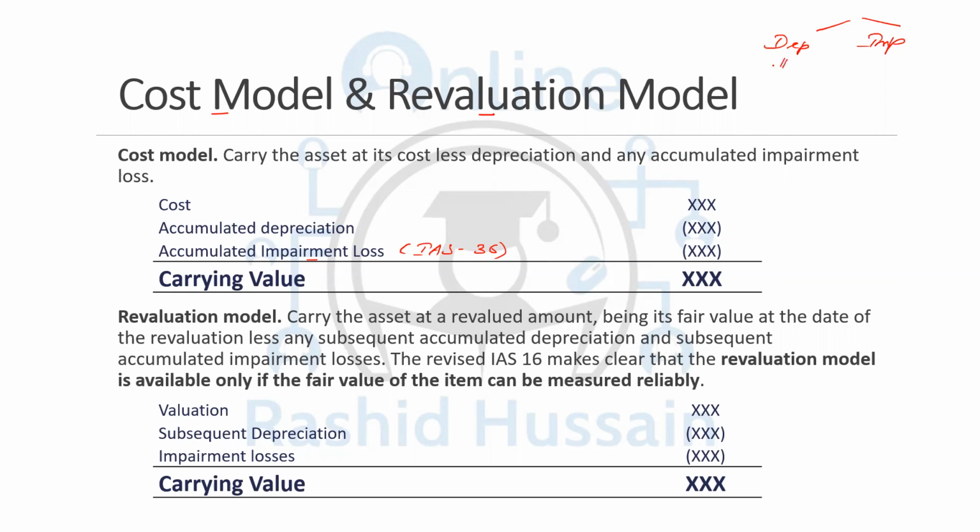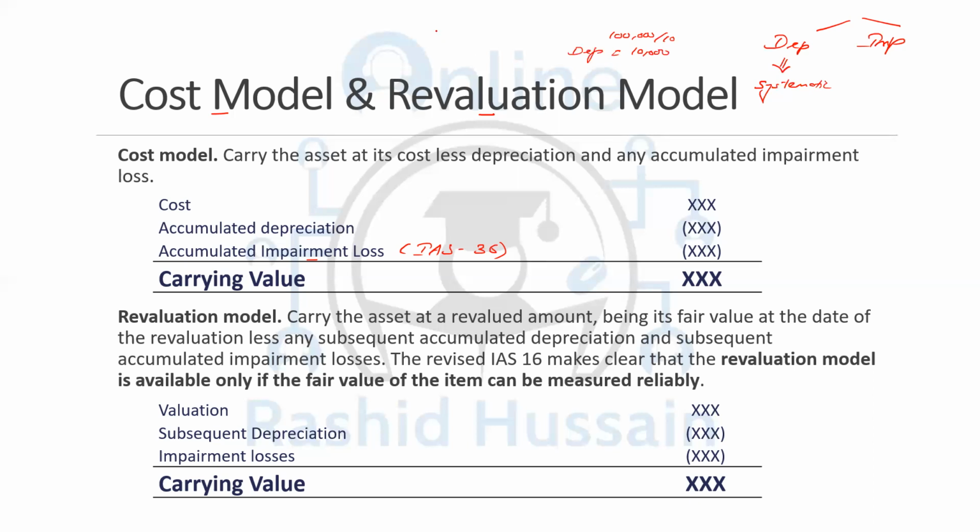But the depreciation is always systematic, and we have studied the definition of depreciation. It is the systematic allocation of the depreciable amount over its useful life. We bought an asset for $100,000, and the useful life is 10 years. So we know that the per annum depreciation is going to be 10,000.